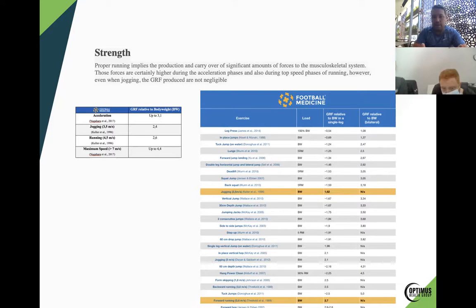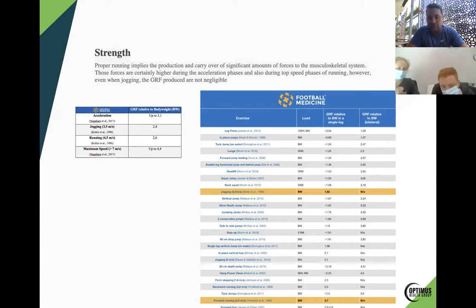So we've estimated that doing a tuck jump will put 2.5 times your body weight of force through one limb. Then you go backwards and backwards, and you get up to the vertical jump, right? Just below jogging 2.5 meters per second in the orange line, you've got vertical jump. Just doing a vertical jump will only put 1.67 times your body, ground reaction force relative to body weight, through a single limb.